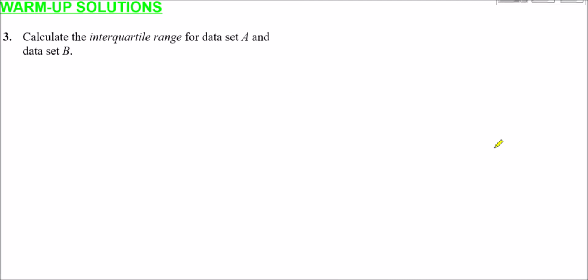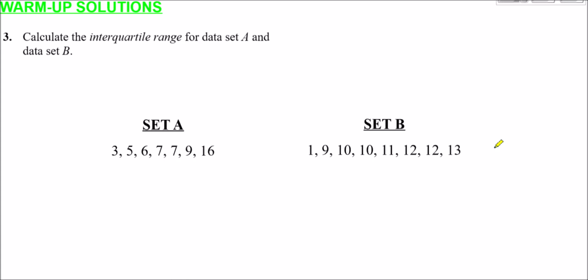Question 3, calculate the interquartile range for dataset A and dataset B. So let's remind ourselves of what dataset A was and what dataset B was. Here's what we had from before. We need to work out the interquartile range for both of these. For dataset A, we can use the answers to question 1 and question 2 to help us.